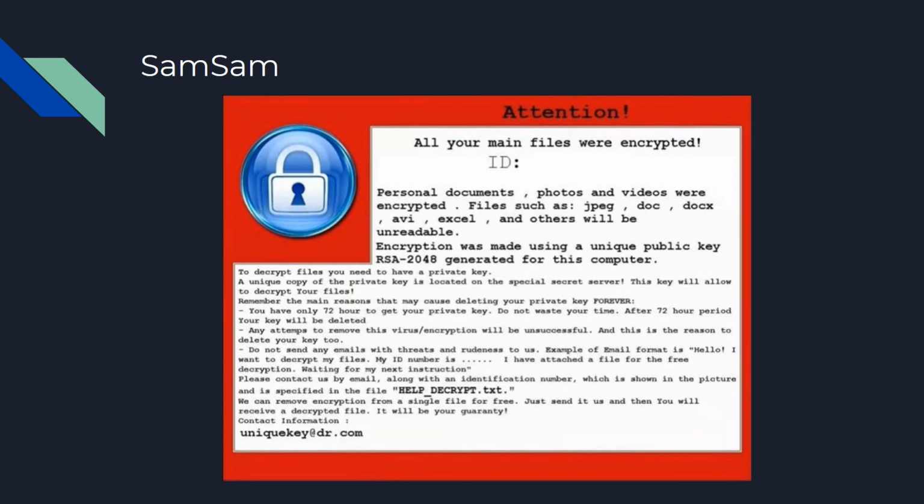So another really big ransomware attack that became prevalent in late 2015, early 2016 was this SamSam virus. This is the ransom note screen that would display on a computer that was infected with SamSam. Again, RSA 2048 encryption method being used here.